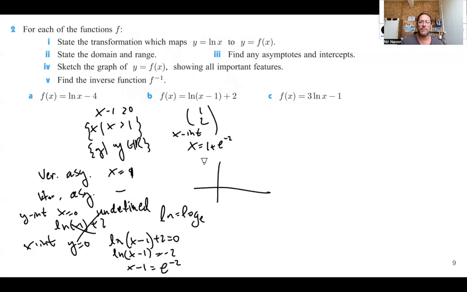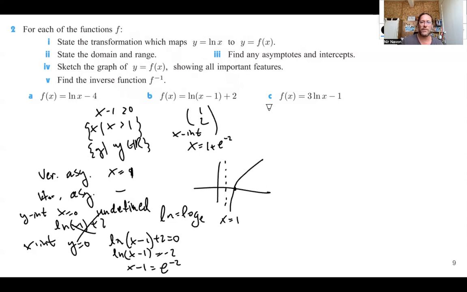Sketch the graph. We see it again. What is the asymptote? It's x equals 1. And this would be 1 plus e to the power of minus 2. And it will look like that. Find the inverse.